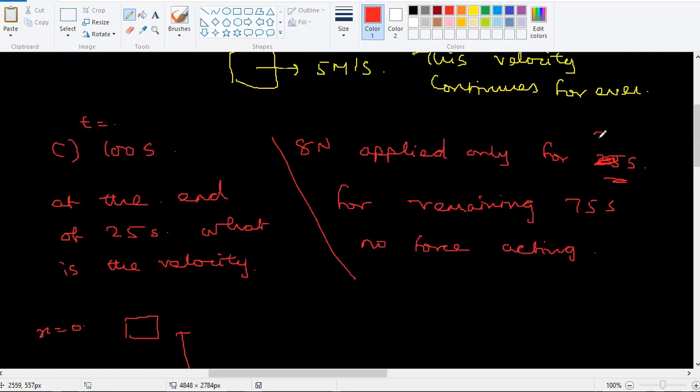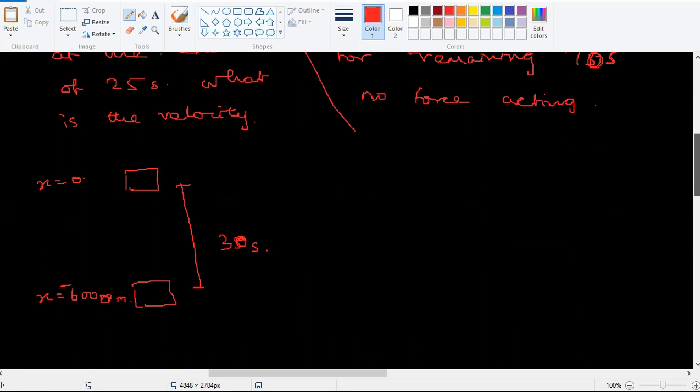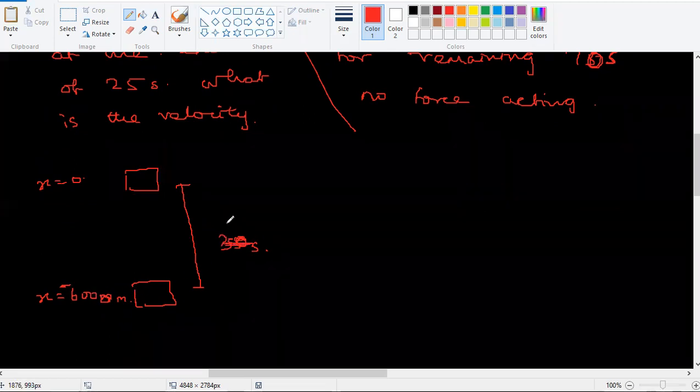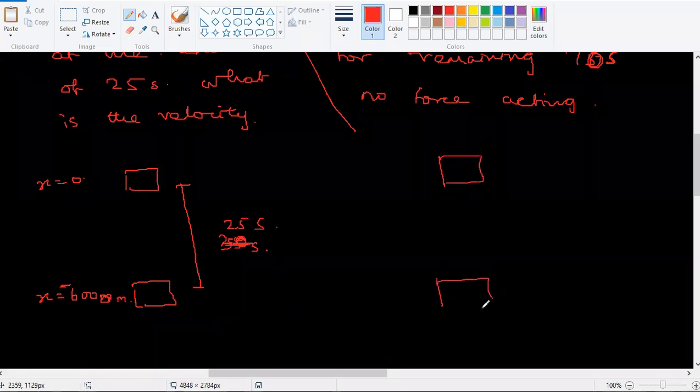So the force is applied for 30 seconds, not for 25 seconds, which means the remaining 70 seconds we need to find. So can you folks try it now? This 6000 was for 25 seconds, not for 30 seconds. So I should redo this problem again.